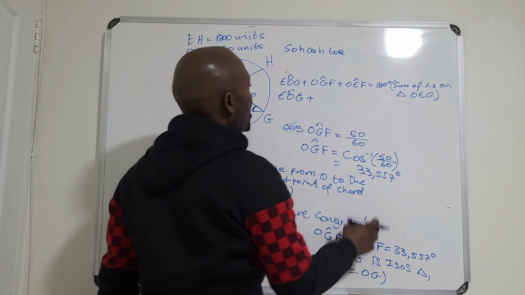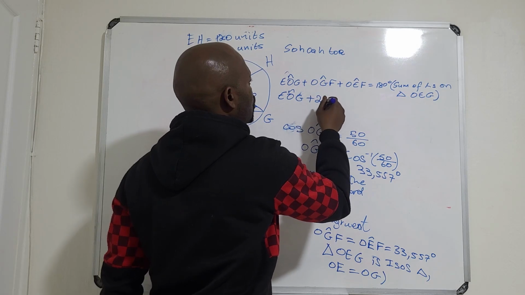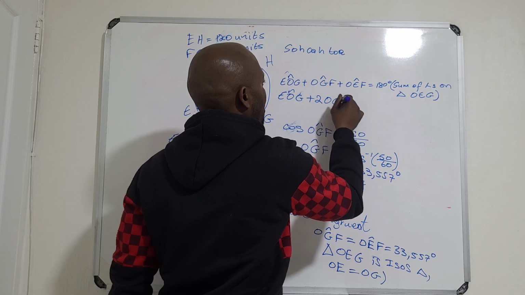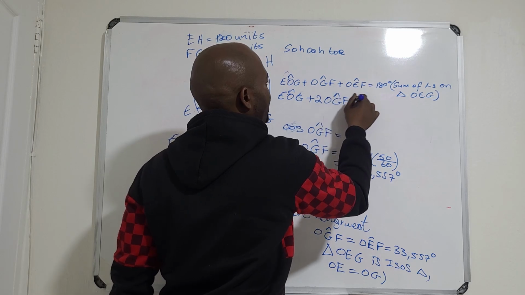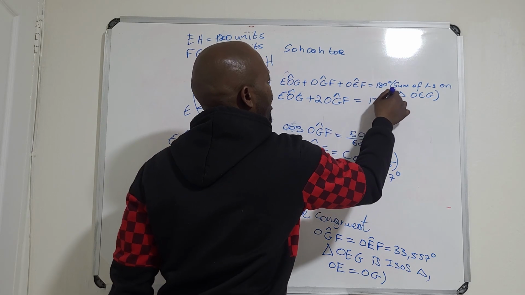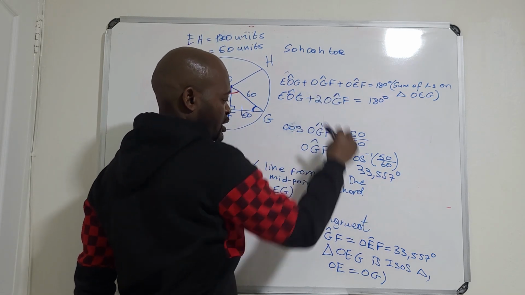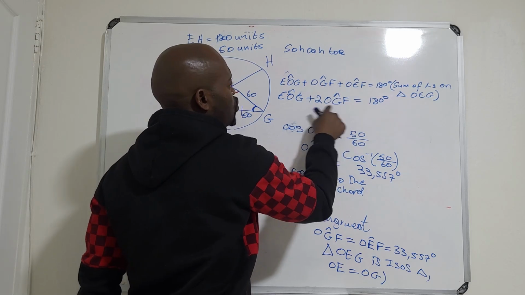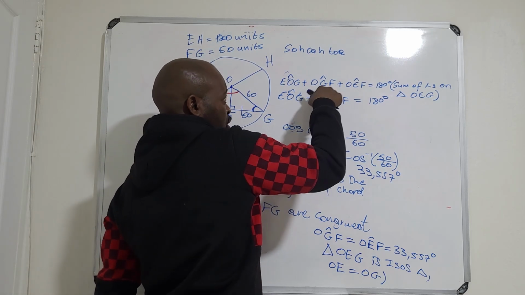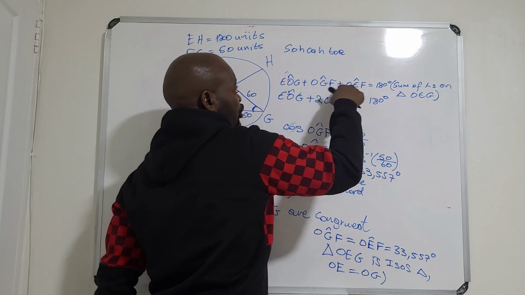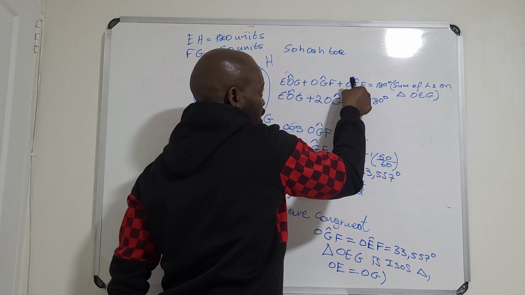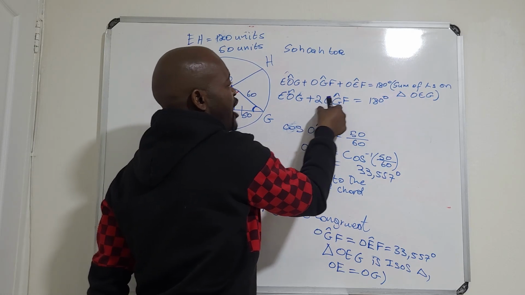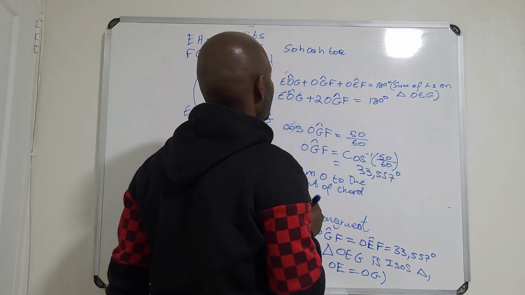Then we are going to have 2 angle OGF equal to 180 degrees, because these two are equal. So that is why I put angle OGF for this. Therefore, 2 angle OGF equals 180 degrees.